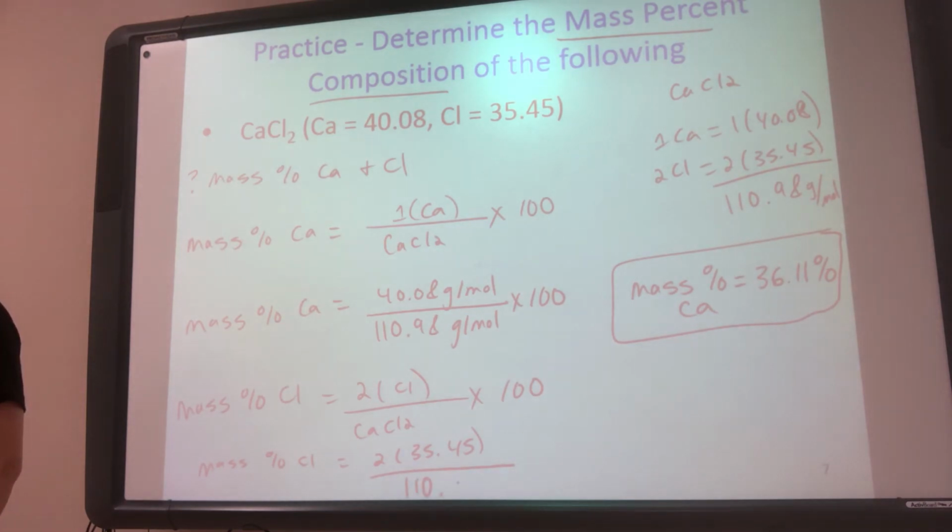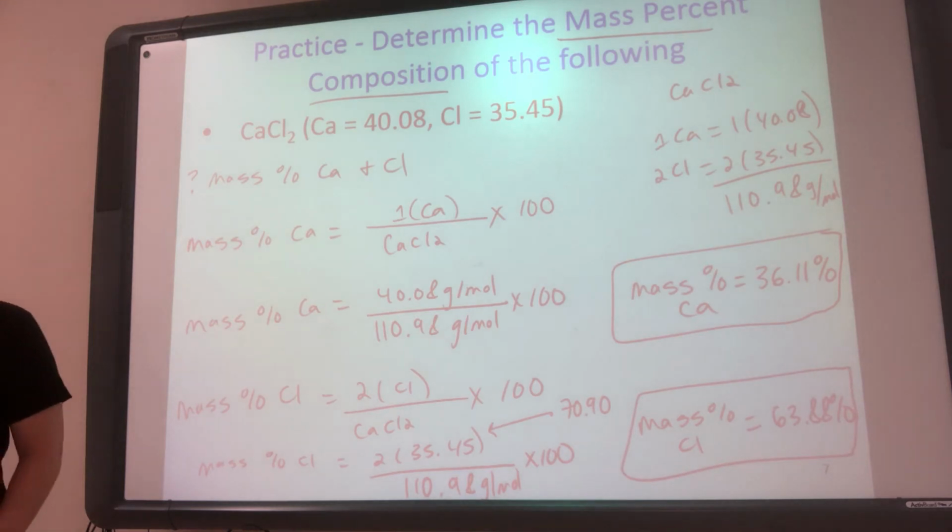The bottom doesn't change because it's still the same total compound. So then when you do this, the top number is 70.9. So 70.9 divided by 110 gives you the mass percent of Cl to be 63.88%.